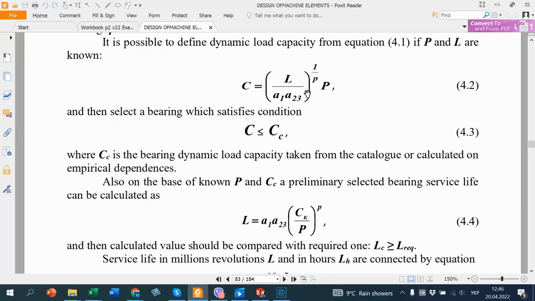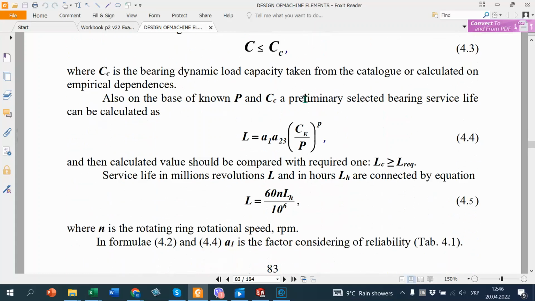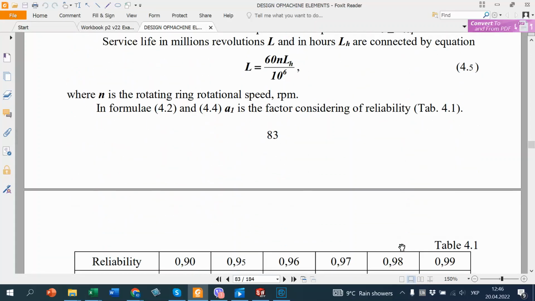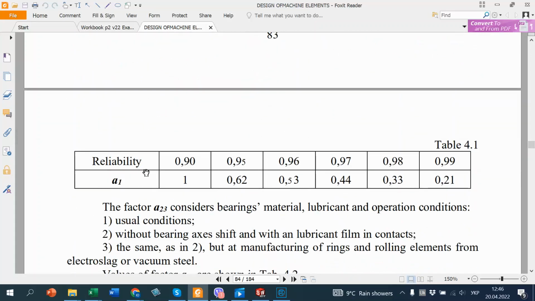So, A1 and A23 are two coefficients. A1 is a factor considering reliability. Normal reliability is 0.9. It means that 90% of bearings can work during 1 million revolutions.